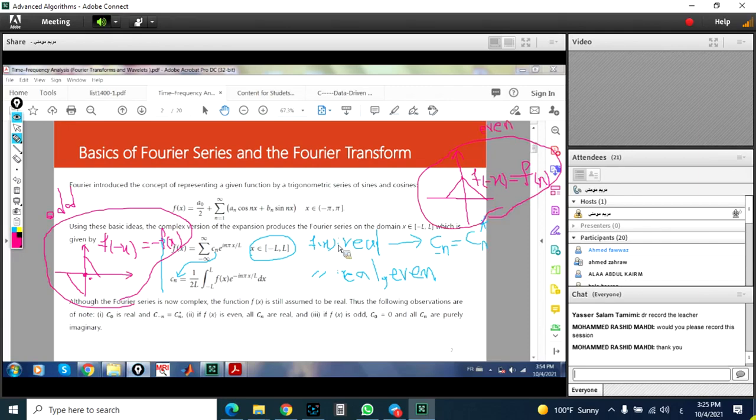Anyway, if our function is real and even, what is real? Real means the function doesn't have an imaginary part. All the measurements in this f(x) are real.